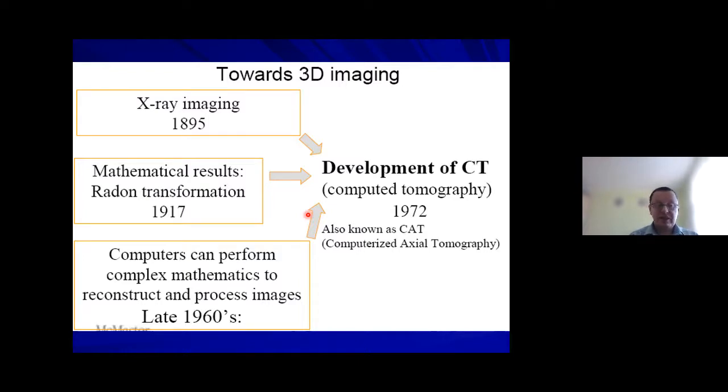First of all, a discovery in physics, X-ray imaging, at the end of the 19th century. Then second step, critical, is mathematical results, mathematical achievement, especially the so-called Radon transformation. We need also Fourier transformation, but Radon transformation is critical.